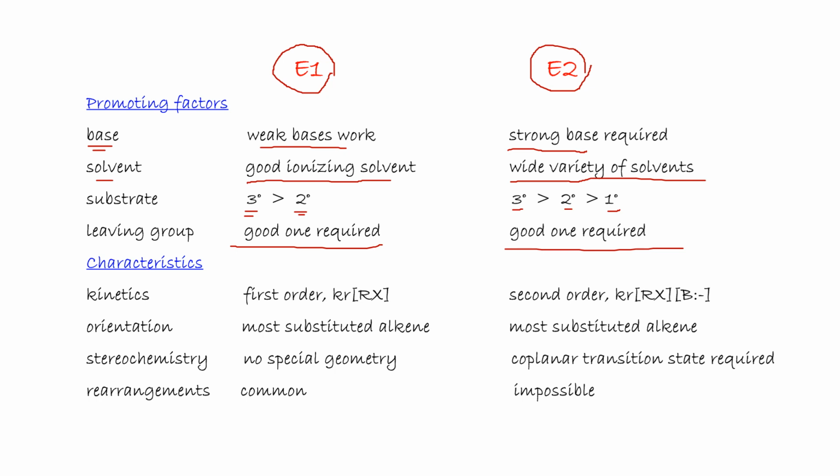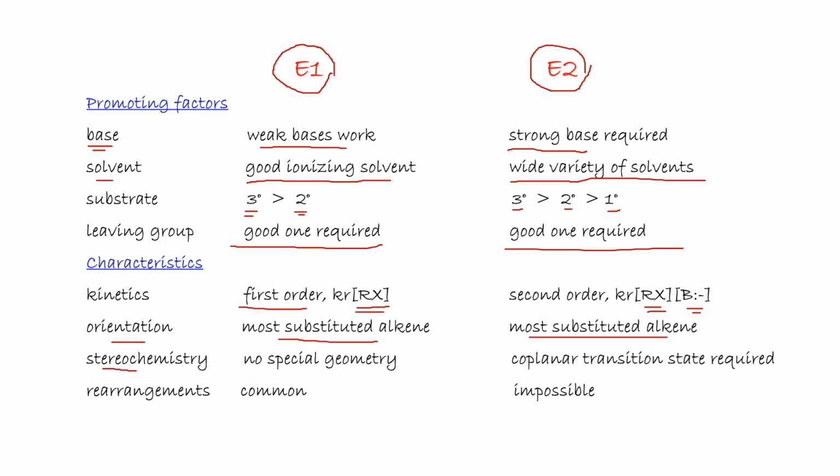Characteristic for E1: first order, depends only on the concentration of the substrate, the alkyl halide. E2 is second order, depends on both alkyl halide and the base. Orientation: the most substituted alkene will be the product, because according to the Zaitsev rule, the more substituted alkenes are more stable.